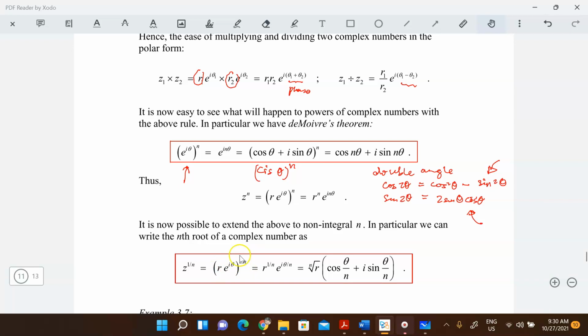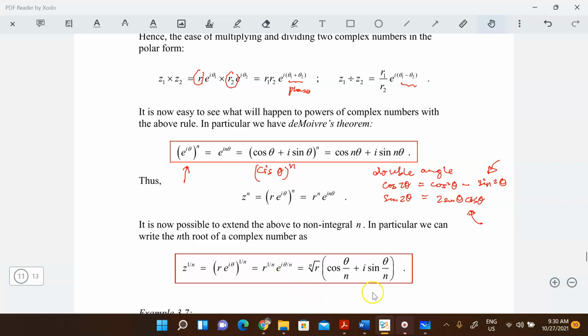So you get r to the power 1 over n, and then you have exponential I theta to the power 1 over n. But then your exponential I theta power 1 over n is just like the one before. It becomes exponential I theta divided by n rather than multiplied by n.